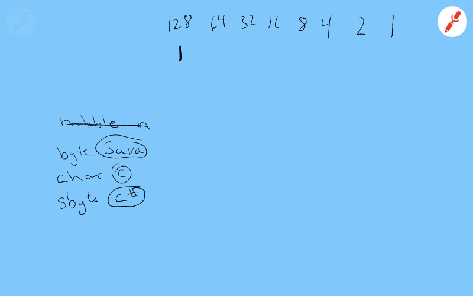So let's just throw in some bits in here. Now, is that a positive number or a negative number? We know it's a negative number because the sign bit is turned on. What negative number is it? Gee, we don't know, but we can find out.